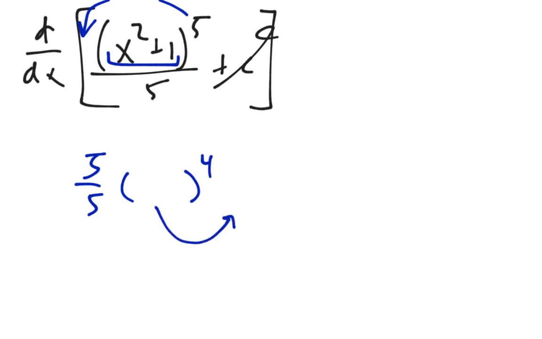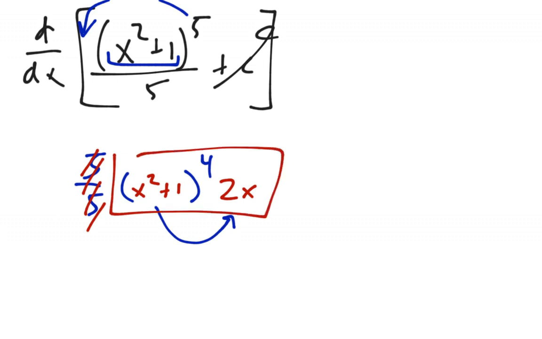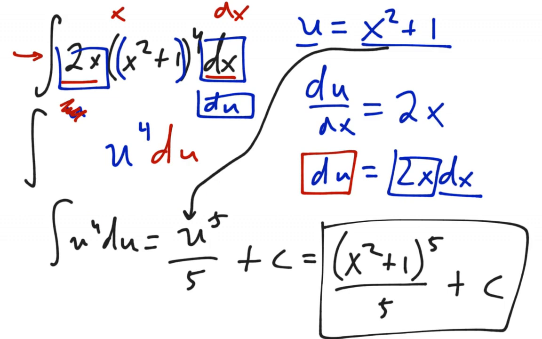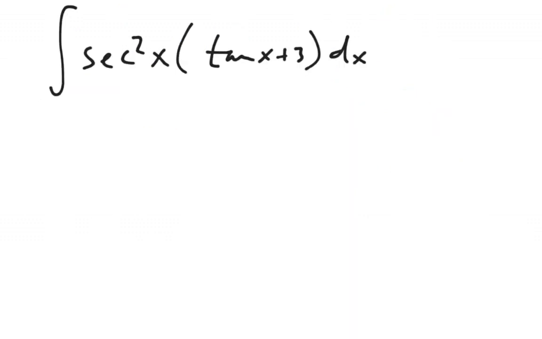Well, the stuff inside was x squared plus 1, and the chain rule derivative was 2x. And so what will happen is the 5's will go away, and I'll end up with x squared plus 1 to the fourth times 2x. See the 2x from the chain rule? That's the 2x here that we replaced with this step of the U-substitution. And that's how U-substitution basically works. We find stuff, we find the derivative of the stuff, and we replace it.